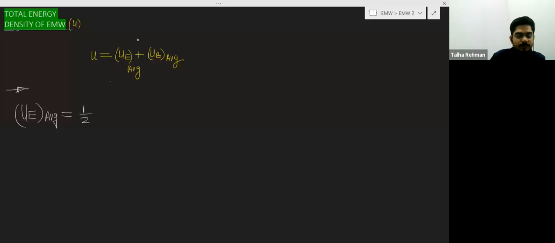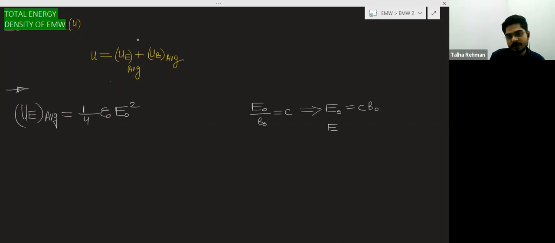What is UE average? This is a note point, you can say. We have just derived, this is 1 by 4 of epsilon naught into E naught square. Now there is a relation between E naught and B naught. From here, this E naught can be written as C times B naught.